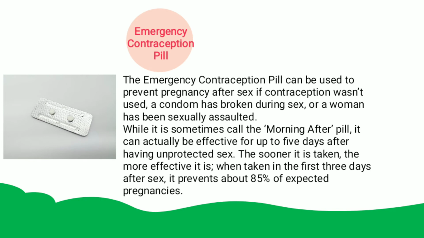Next, emergency contraception pill. The emergency contraception pill can be used to prevent pregnancies if contraception wasn't used, a condom has been broken during sex, or a woman has been sexually assaulted. While it is sometimes called the morning after pill, it can actually be effective for up to 5 days after having unprotected sex.